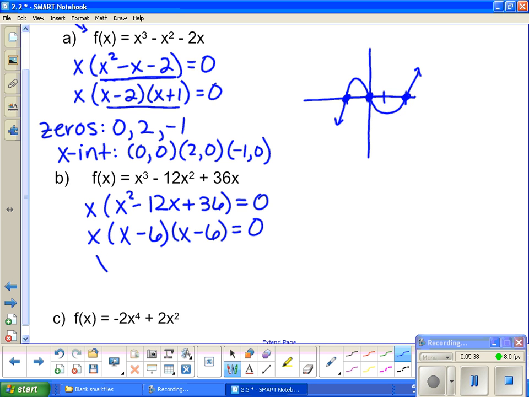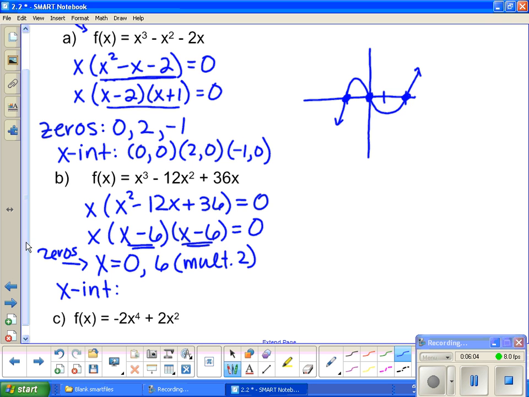So x is going to equal 0, and x is going to equal 6, but since there's 2 of them, this is where it's called repeated, so we call that a multiplicity of 2. That means that 2 sixes are the 2 zeros. So these are zeros. Now our x-intercepts are going to be at (0, 0) and at (6, 0).